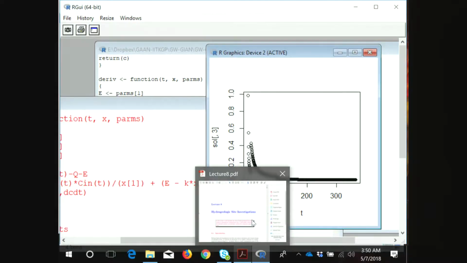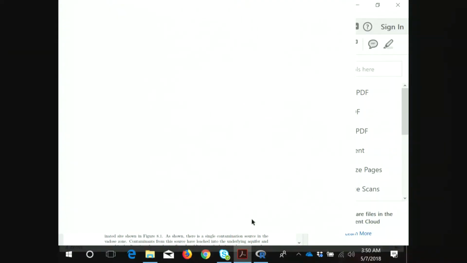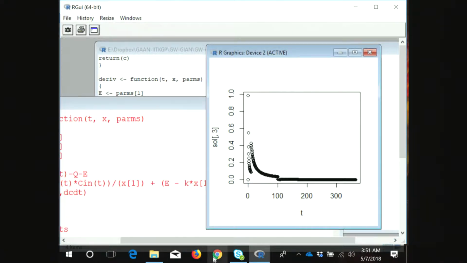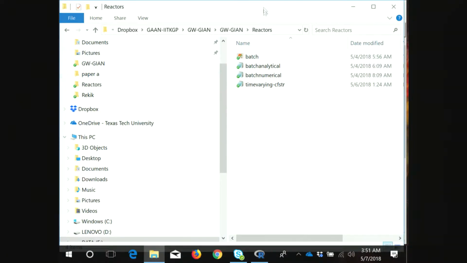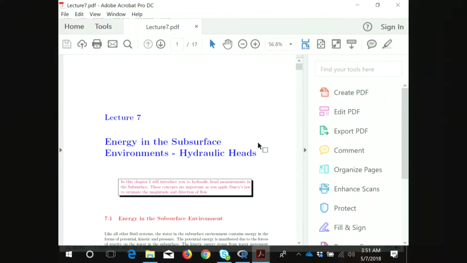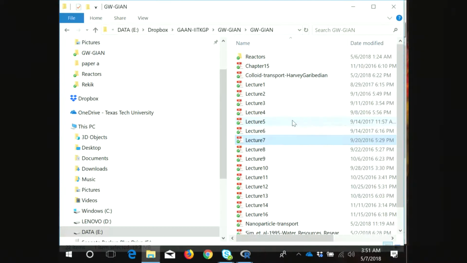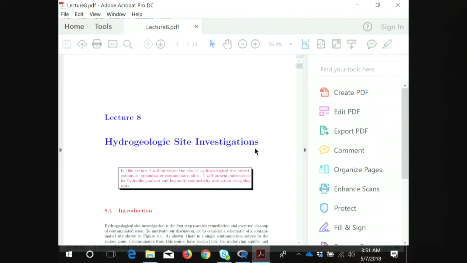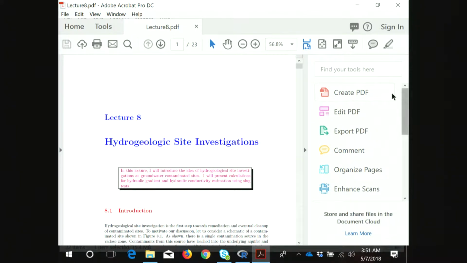We'll get back to R, do some more coding, but what I want to talk about today, if it cooperates, is a little bit about hydrologic site investigations.